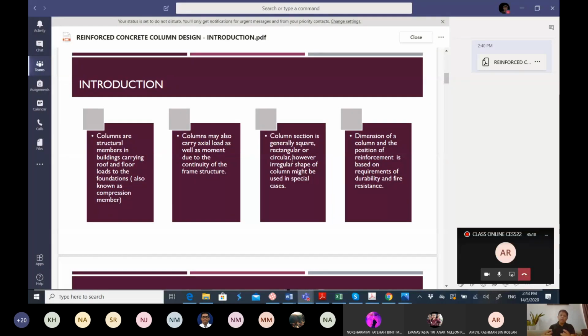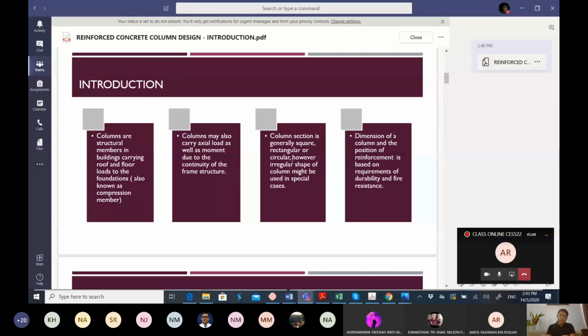Otherwise it will not look nice, and it becomes very difficult for us to arrange the perabot, furniture and so on. Sometimes if we would like to add other features and our column sticks out like that, it's quite difficult for us to add a few features.